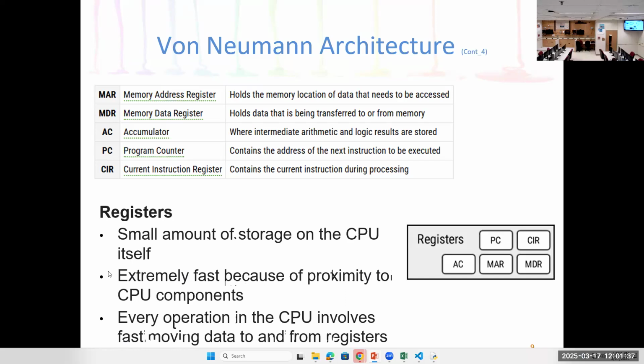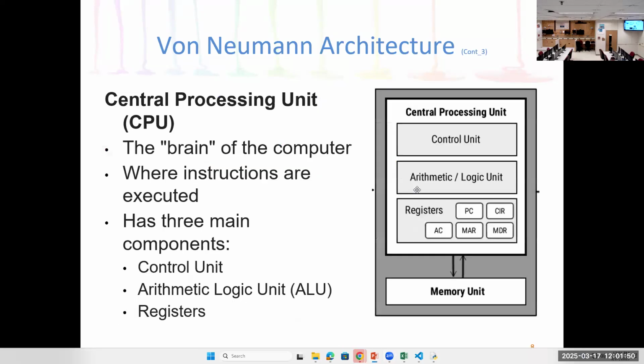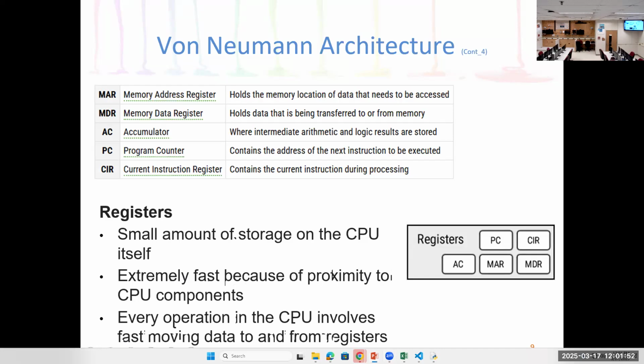So basically, to make it simple, let me give you an example here, right? Think about you want to give the computer the instruction to add two numbers, number 7 plus number 6.